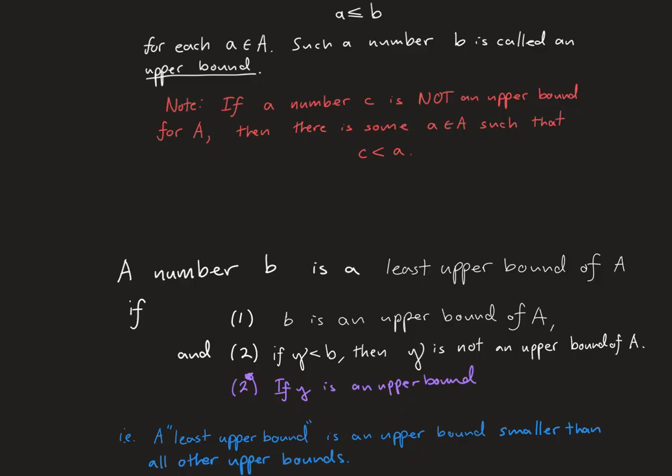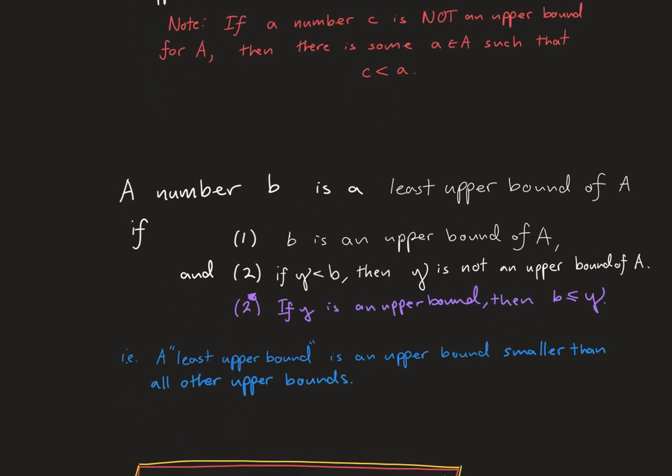What I have to do next is say then the negation of this statement. If Y is an upper bound, then this special number B, the least upper bound, is definitely less than or equal to Y. Okay, so that's simply an equivalent restatement of this second condition to be a least upper bound.